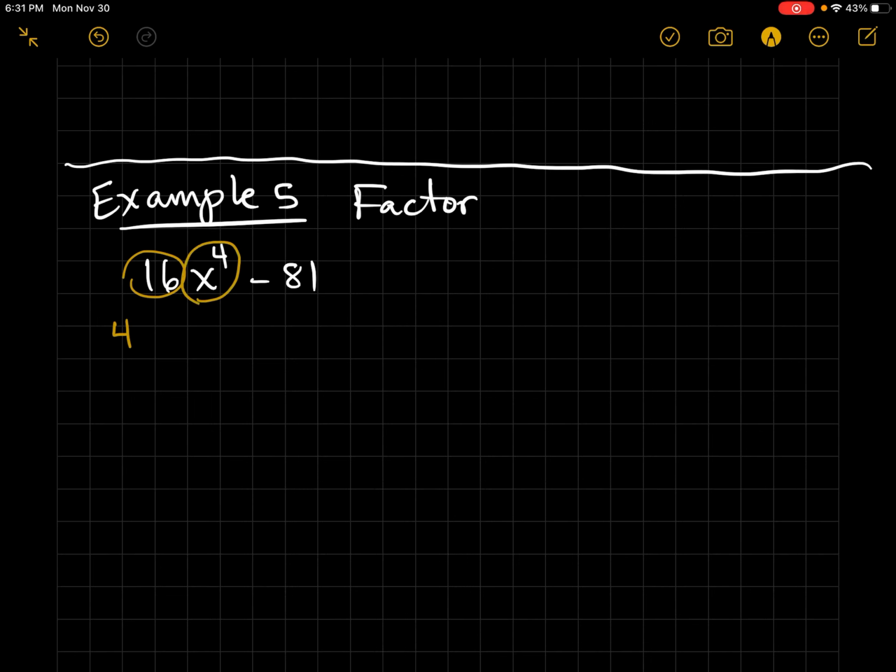The square root here, just cut it in half. As long as that's an even exponent, it's really easy to cut that in half. And the square root here is 9. So I'm going to do 1 with 4x plus 9. 4x squared. And then minus 9.